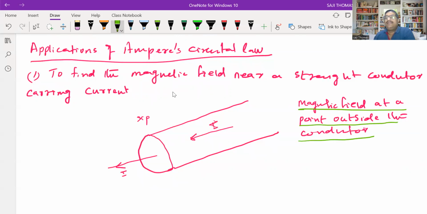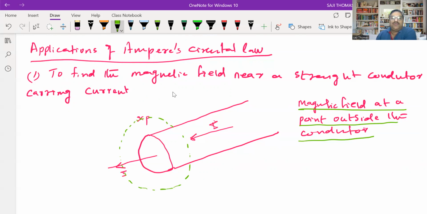In Gauss's theorem, you consider a Gaussian surface. Here you consider an Amperian loop. I'm drawing a circular loop passing through the point P.